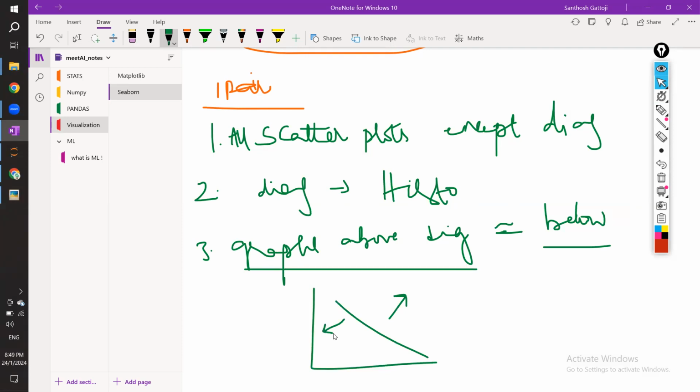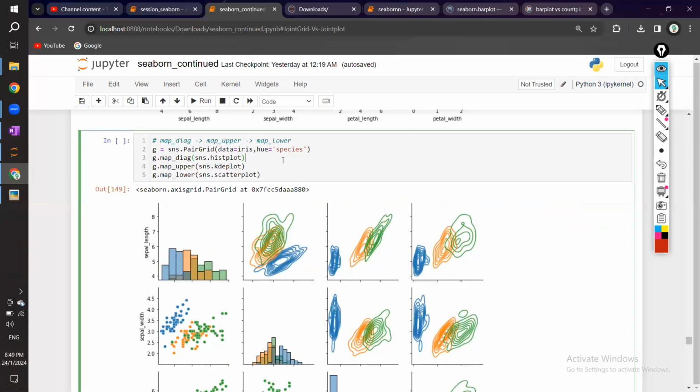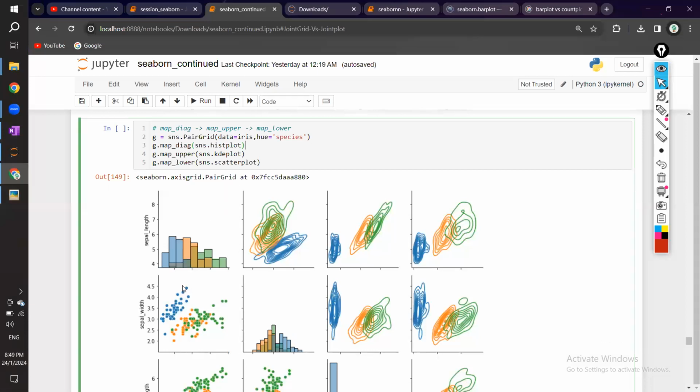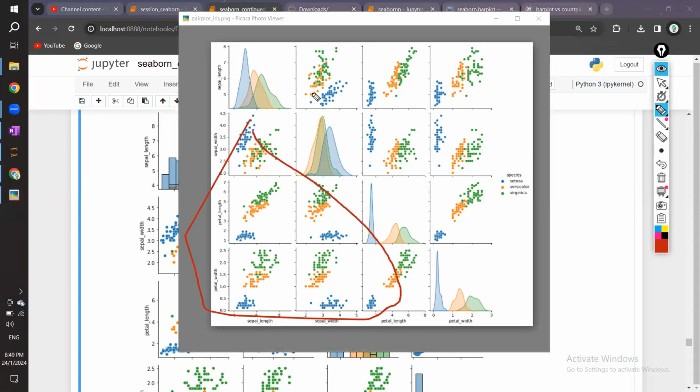Then what is the point of repeating the plots? If I look at only one side, I will also understand the other side. So why waste these plots? We can use them for other kinds of plots to understand the dataset from some other dimension. That's why we are using this. In the diagonal you have the histogram. Below or above, by default you get scatter, because if you don't mention anything it gives scatter. But when I already have scatter for the columns, I don't want to see them again over here.